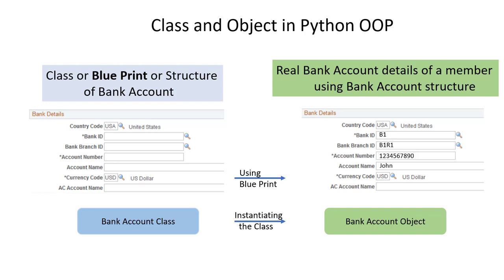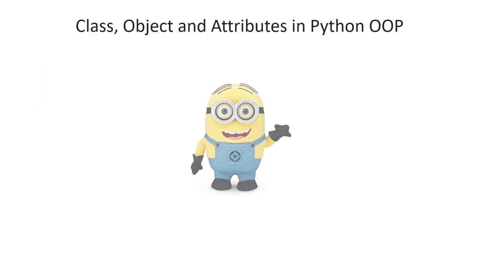In this case, country code, bank ID, branch ID, and so on and so forth, which are acquired from the class, are termed attributes. Let's have some detailed understanding of the different attributes present in object-oriented programming.